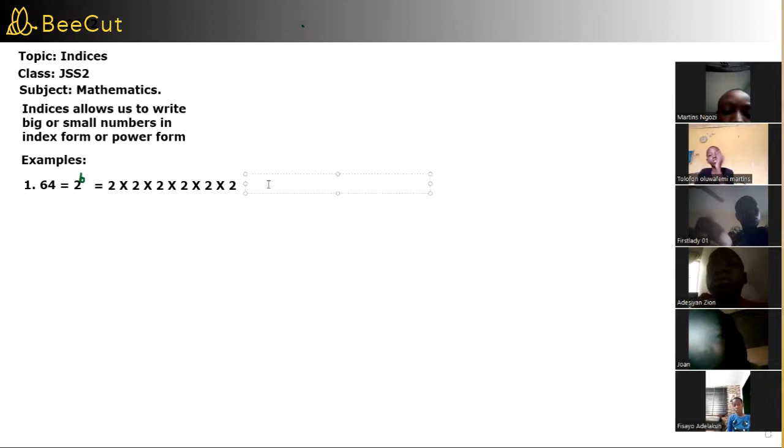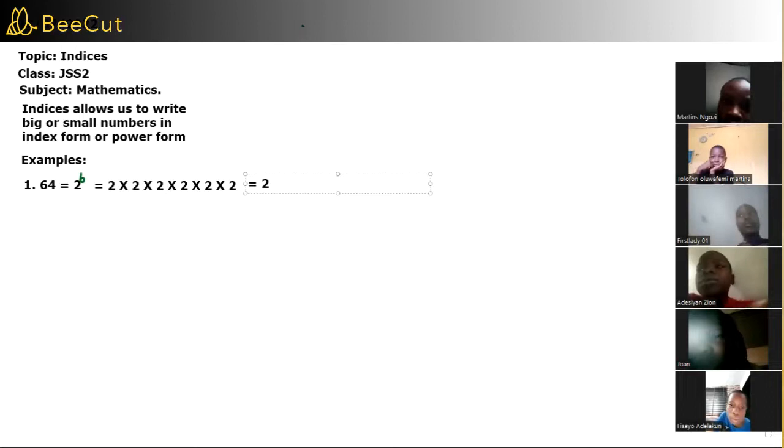In other words, I can say this is equal to 2 raised to power, because all these 2s, you cannot see any powers on them. So if you don't see any power on any number, the power on the number is 1. So all these 2s have power 1.